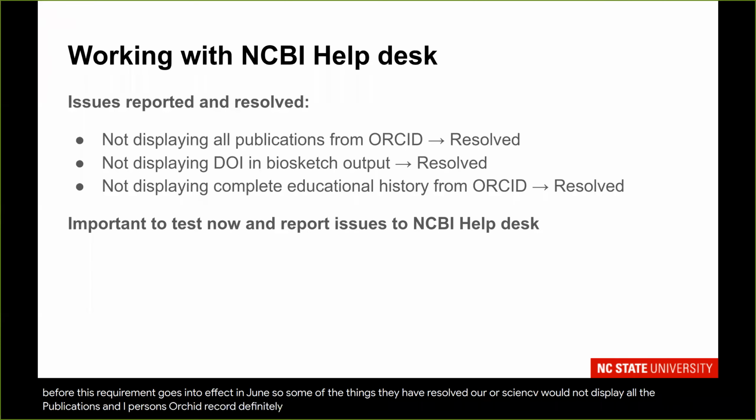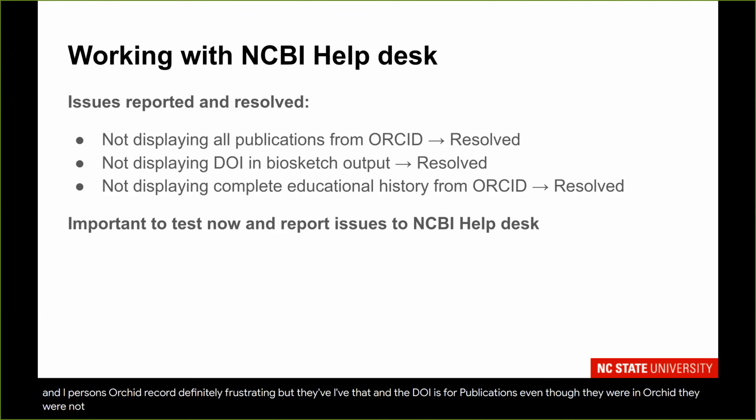Definitely frustrating, but they've resolved that. The DOIs for publications, even though they were in ORCID, were not being displayed in the biosketch. They've resolved that. And for a little while, the educational history was not being pulled in completely from ORCID, and they've worked to resolve that.